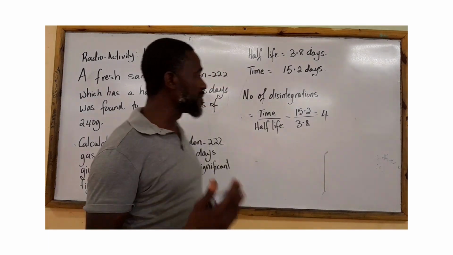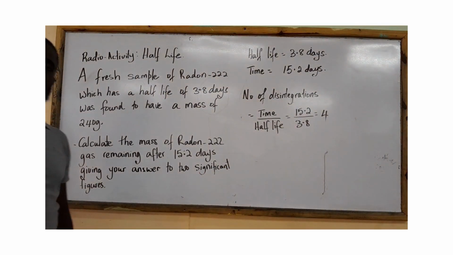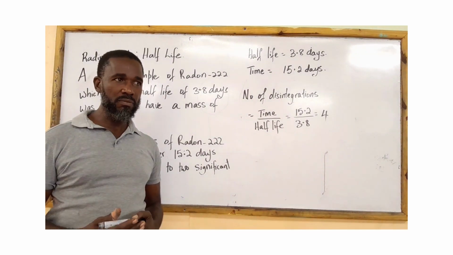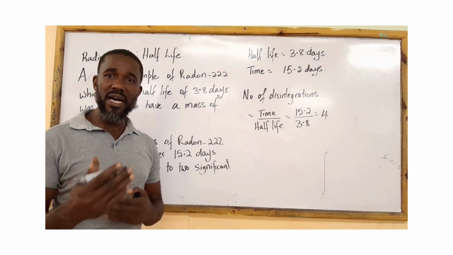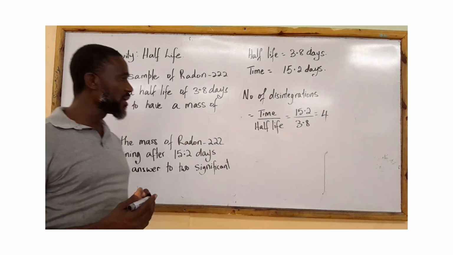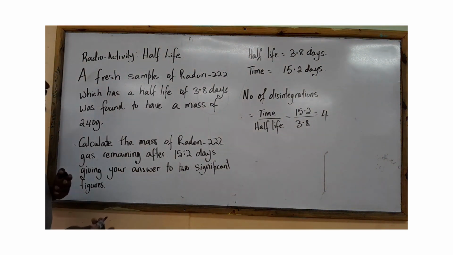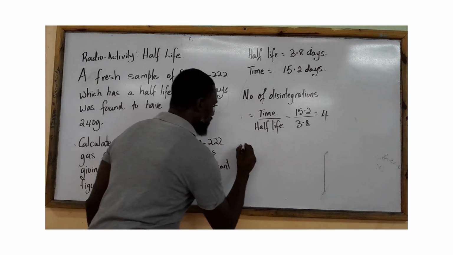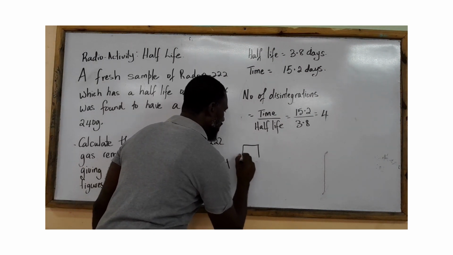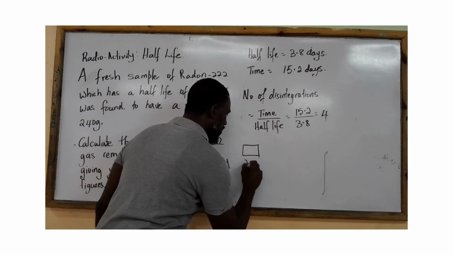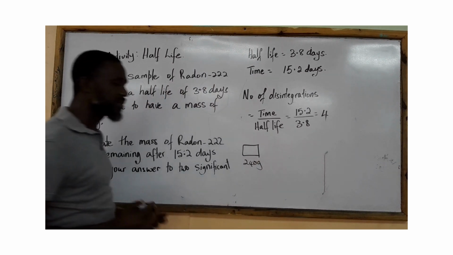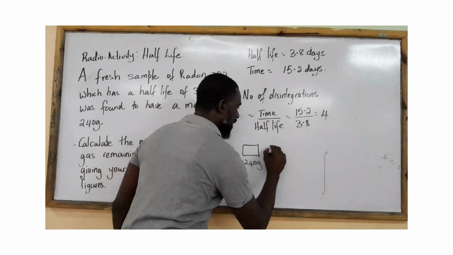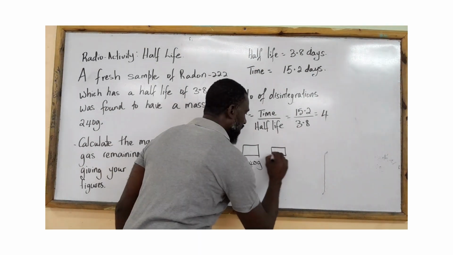And if you remember, half-life is the time that a radioactive isotope takes to decay to half its original value. So where are we starting? We are starting at 240 grams. After the first half-life, it's going to decay to half its original value.